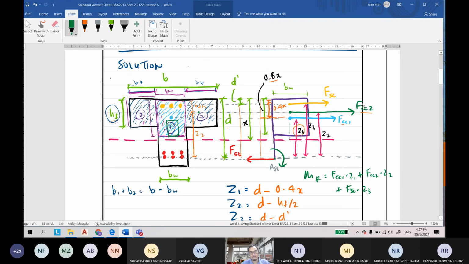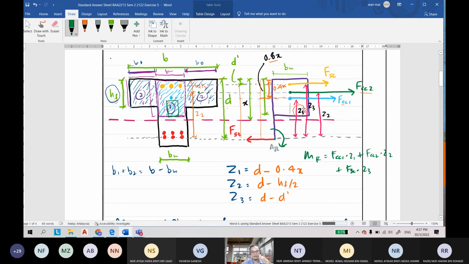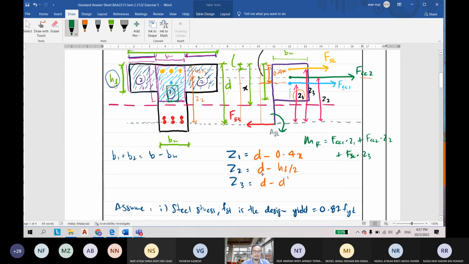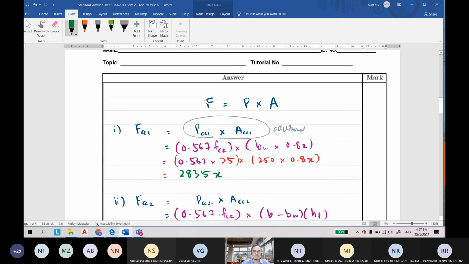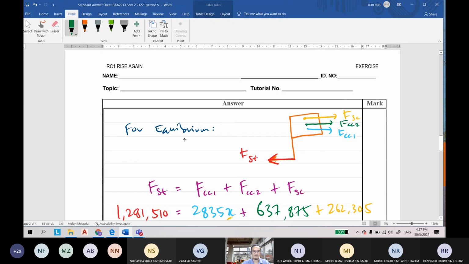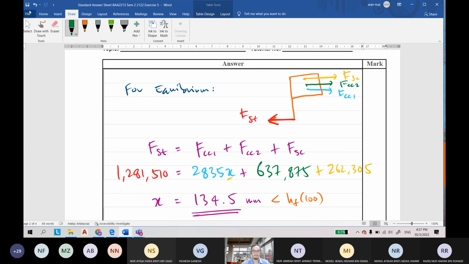But you must understand this concept: where is the position of FST, FSC, FCC2, and FCC1, and then the distances Z1, Z2, Z3, and then you can settle. This is based on forces equal to pressure times area and the equilibrium concept.